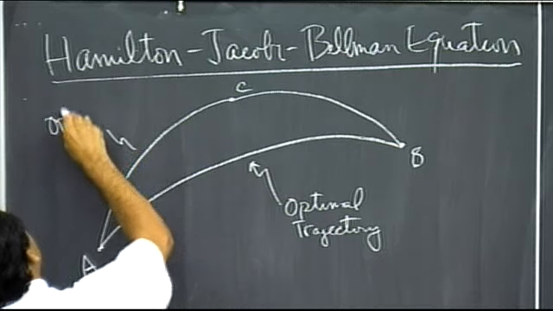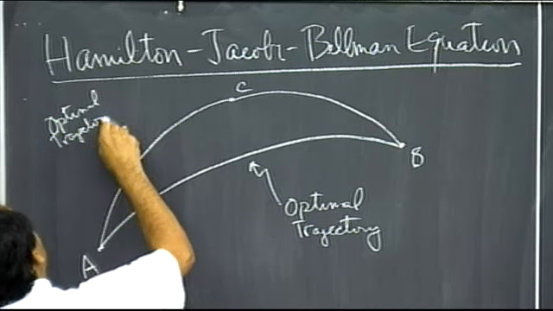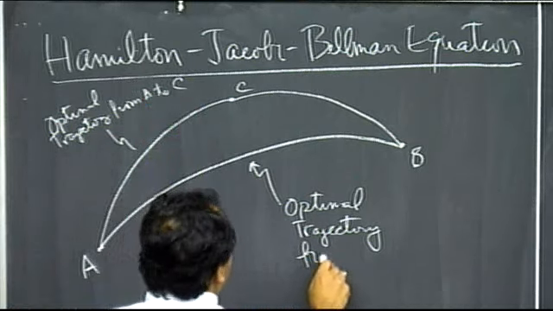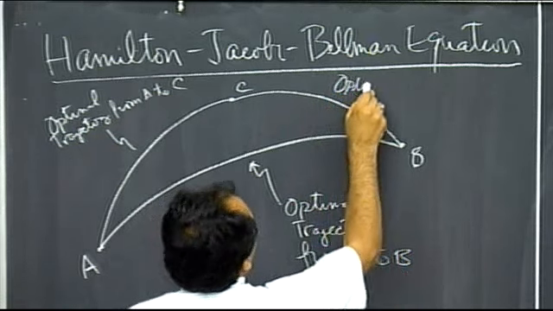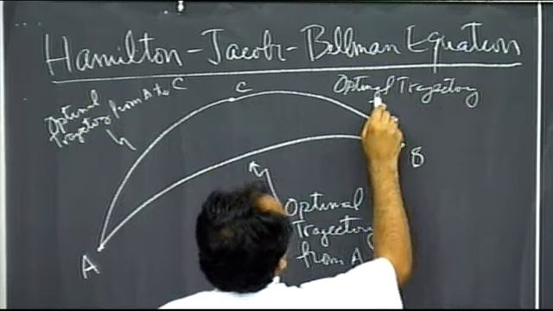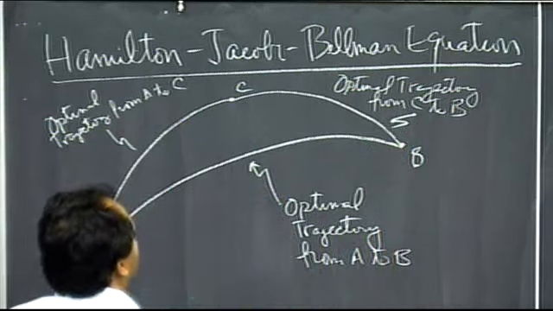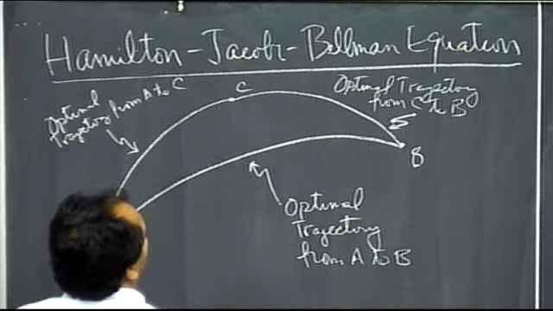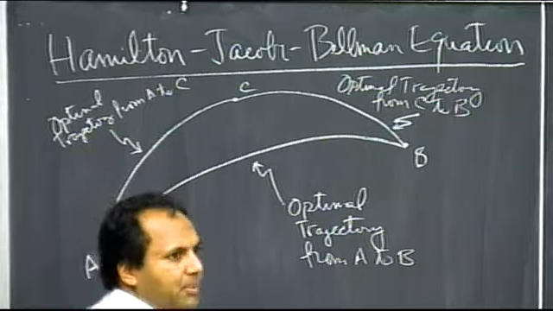This is the optimal trajectory from A to C, this is the optimal trajectory from A to B, and this is the optimal trajectory from C to B. Now, if I tell you that the trajectory from A to C is optimal and the trajectory from C to B is optimal, is the trajectory from A to C to B optimal?